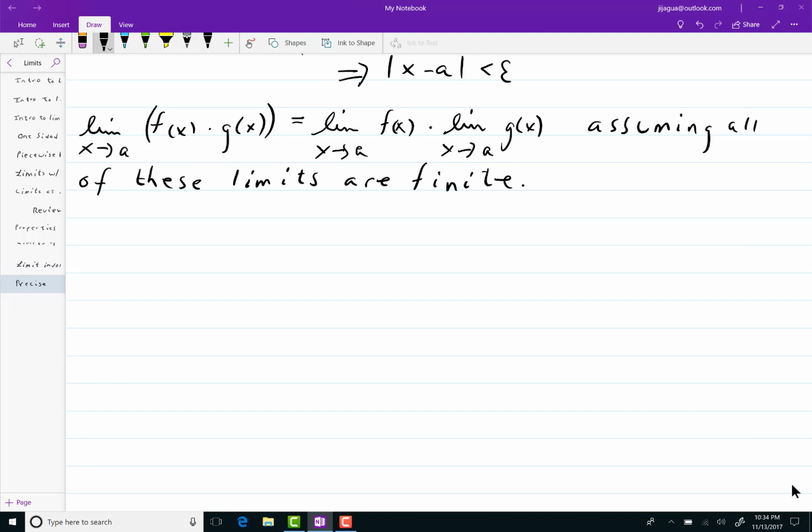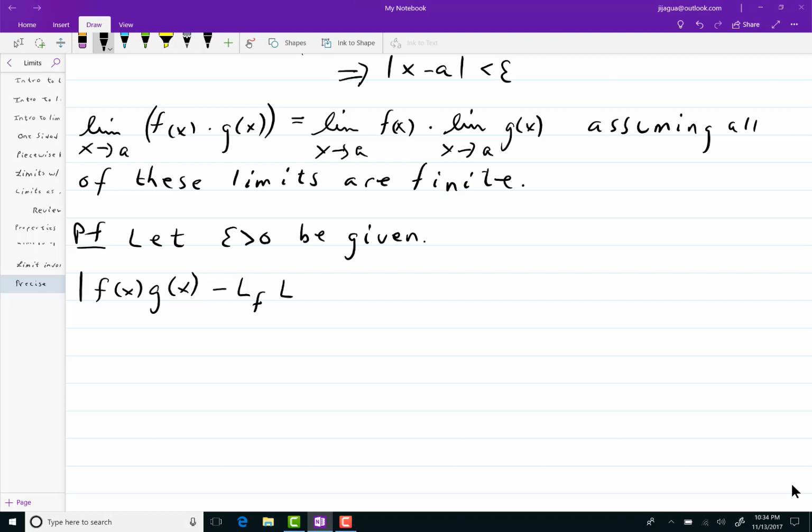So, how do we do these kinds of proofs? As always, we start with this statement: let epsilon greater than 0 be given. What I'll then want to get to is to show that the absolute value of f of x times g of x minus L_f L_g is less than epsilon.